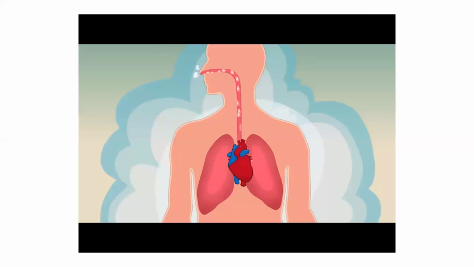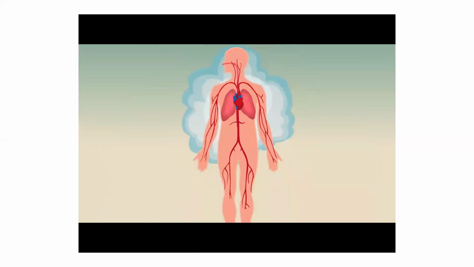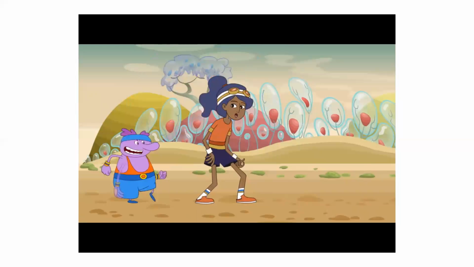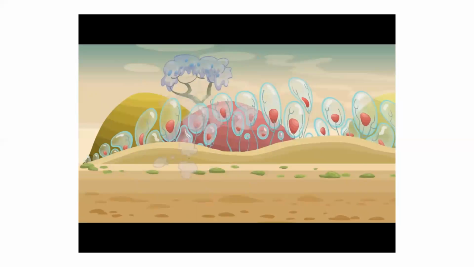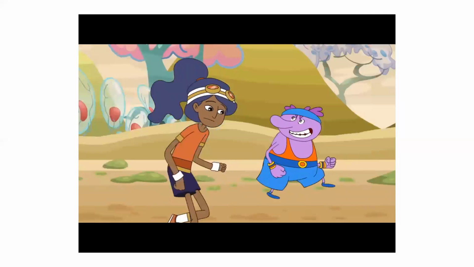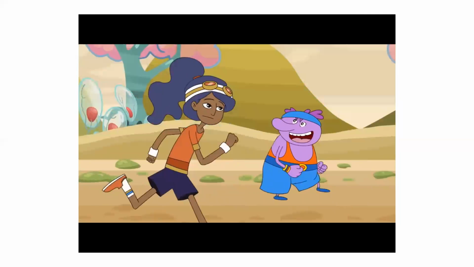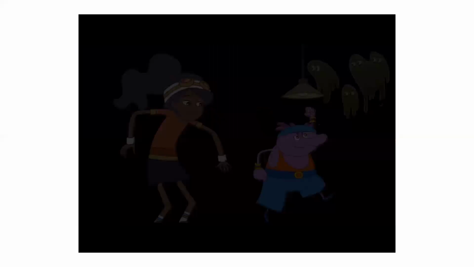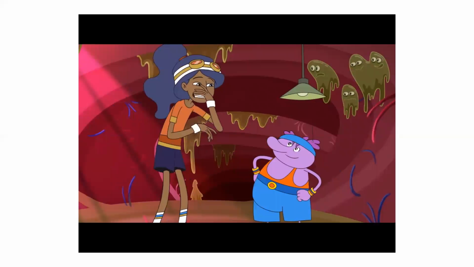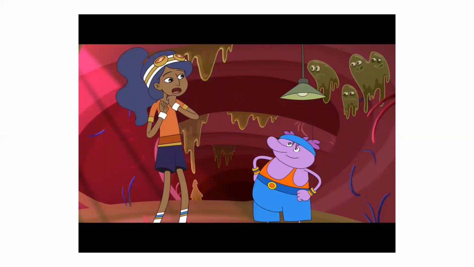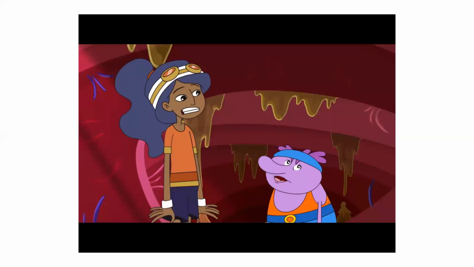When you're breathing hard, your lungs can take in more oxygen, and your heart is beating faster to get that oxygen all around your body. In we go! Do you know where we're going? Of course, into the respiratory system, and more specifically, the lungs. This is gross, Nerve. There are boogers everywhere. Let's get out of here, Chloe.